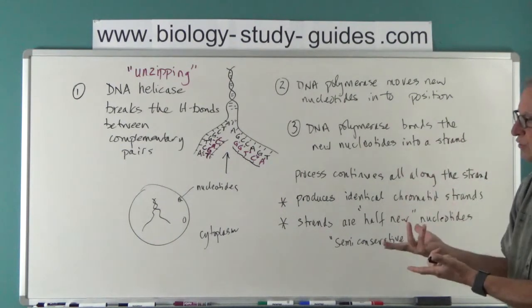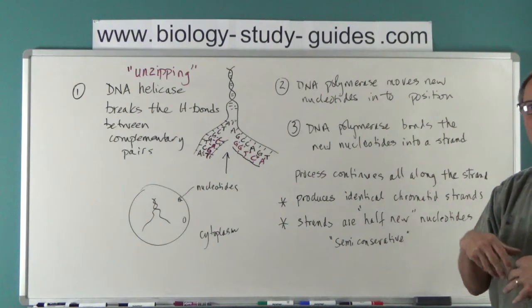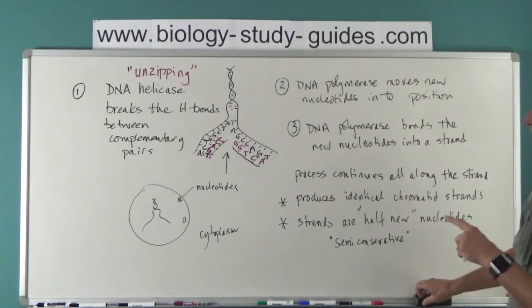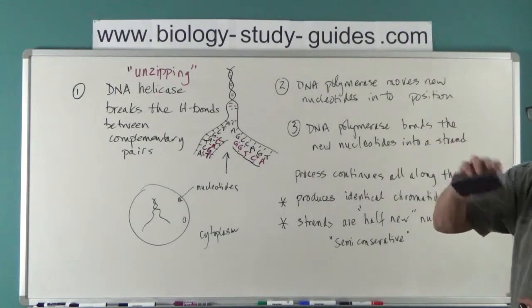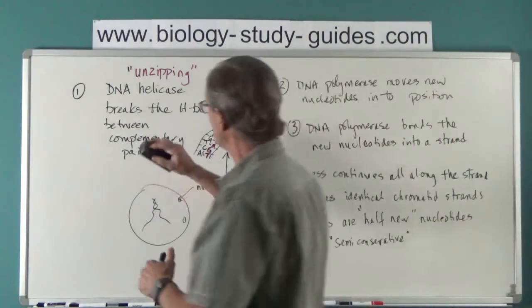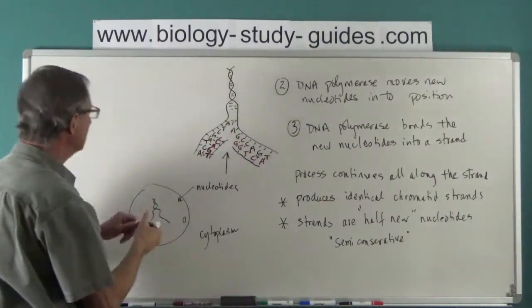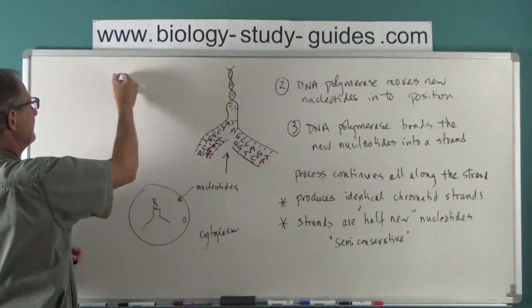Now all of this is occurring before mitosis starts. So what we had at the beginning of this video is a little picture of a chromosome in a cell looking like this.